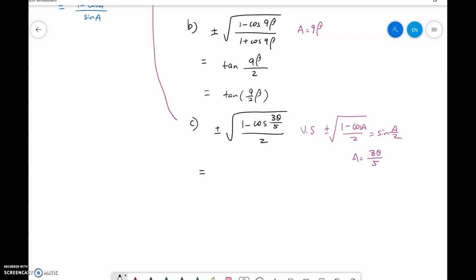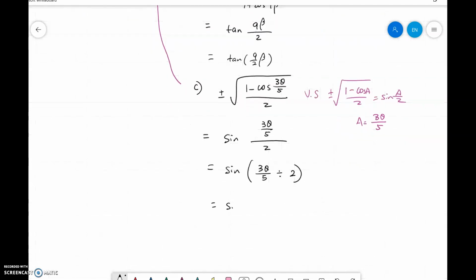So I can rewrite it as sine of (3 theta over 5) over 2. Okay, a complex fraction, I like to write it as a division sign. Dividing by a fraction is the same as multiplying by its reciprocal. So we end up with 3 theta over 10.